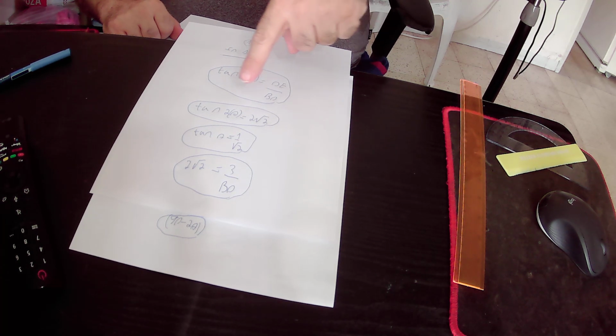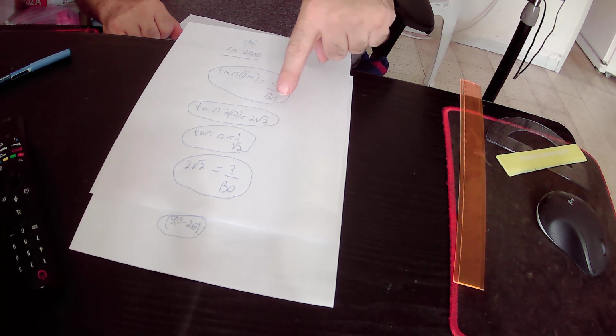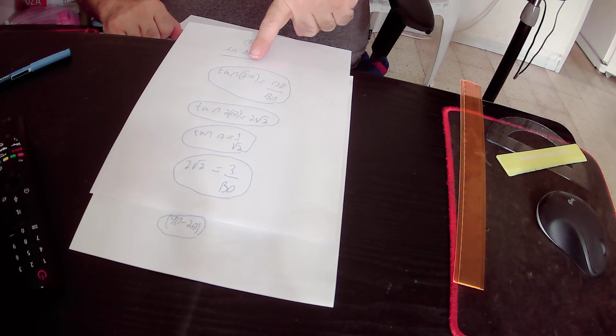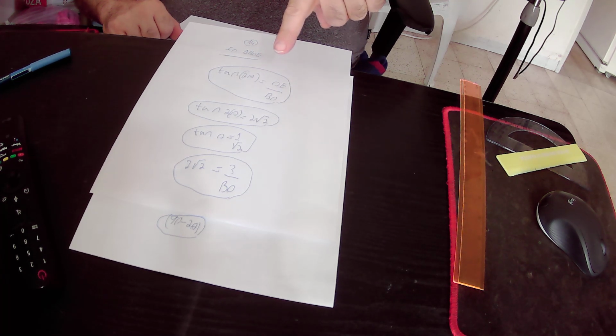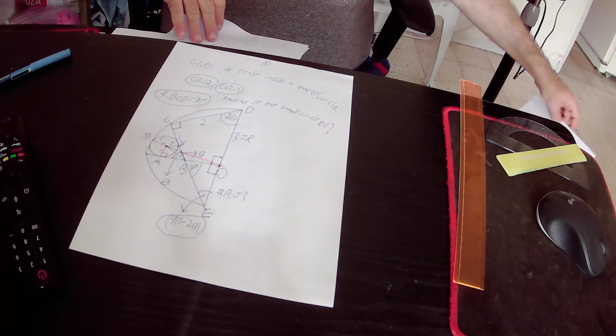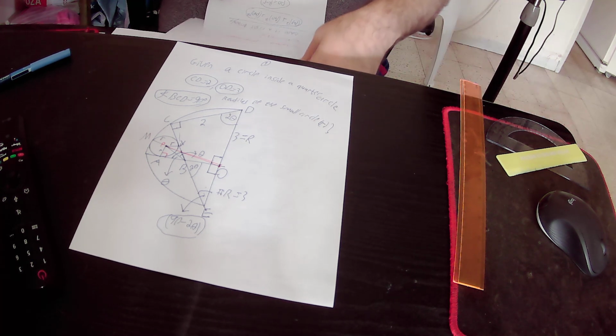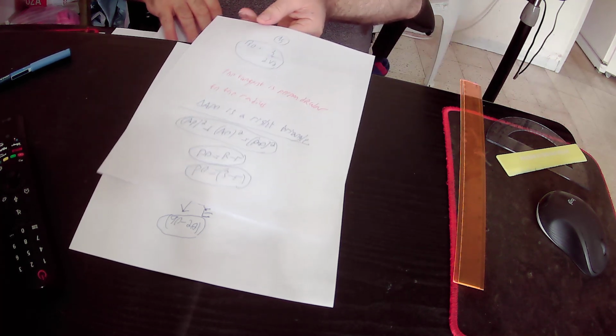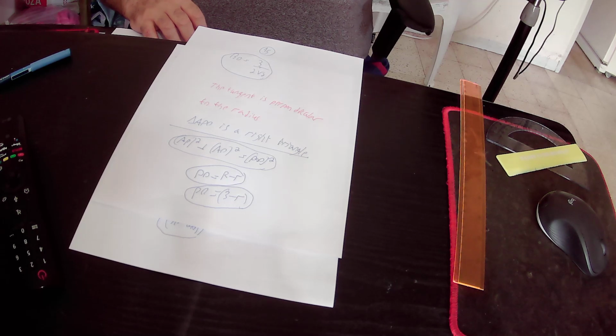But we have already found out that tangent 2 theta equals 2 times root 2, so we can substitute tangent 2 theta in this equality by 2 times root 2. After we substituted, we got that BO equals 3 over 2 times root 2.